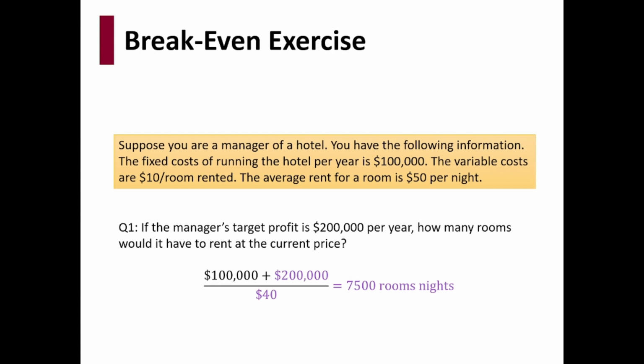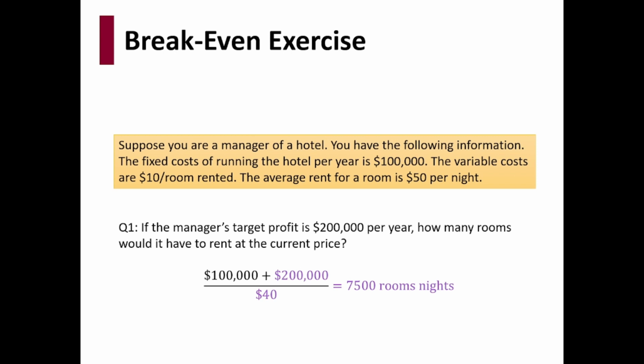The approach to solve this problem is to treat the target income like an added increment of fixed cost. In other words, the margin must cover the fixed cost and the desired profit. Let's extend the simple break-even analysis to show how many units a firm must produce and sell to achieve a target profit.